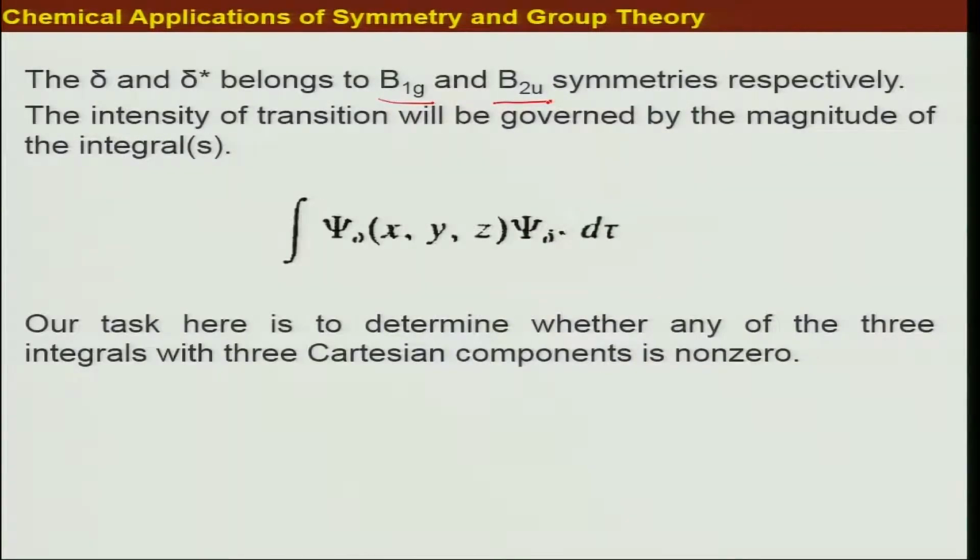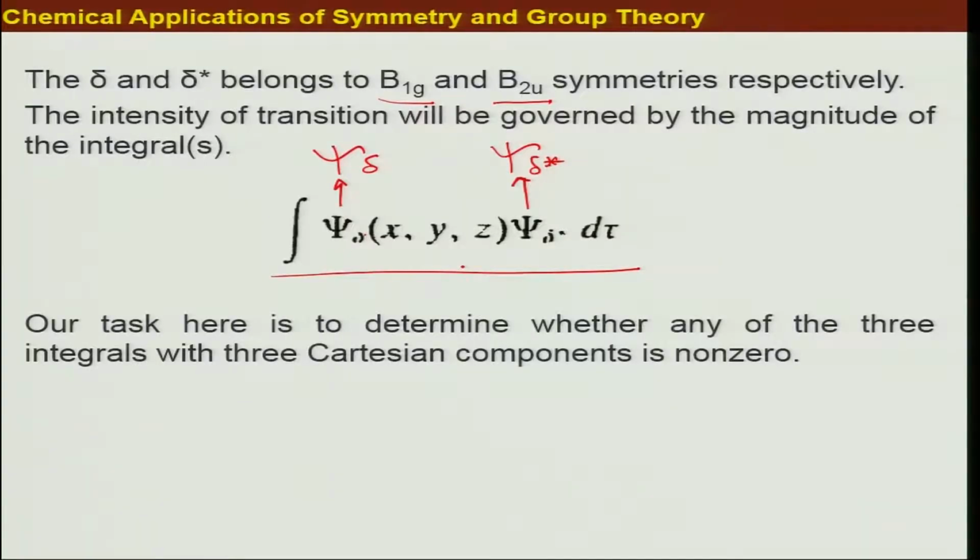So, now what we have to do? Now, we have to look at the transition moment integral. That is given here, and again you notice that we are not bothered about the charge, because that is not going to alter the fate of the transition. This one is essentially psi delta and this one is psi delta star.